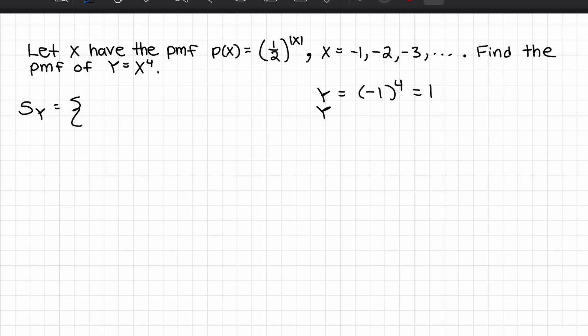Then the next number, y equals negative 2 to the power of 4, which equals 16. And then the last one, y equals negative 3 to the power of 4, which equals 81. Therefore, our support of y is 1, 16, 81, and then it goes on.